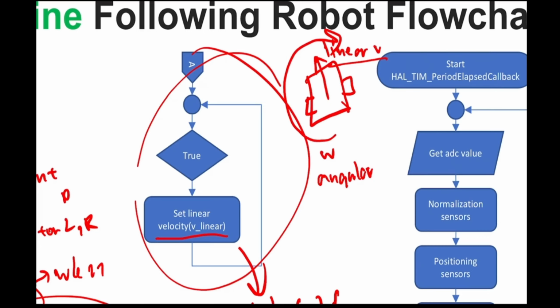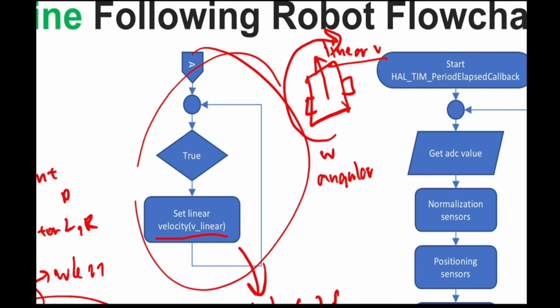What we can control, linear velocity, is an open loop, right? We give it some speed and then it moves forward, right? But we don't have a sensor to measure the speed correctly, so we will not do that.